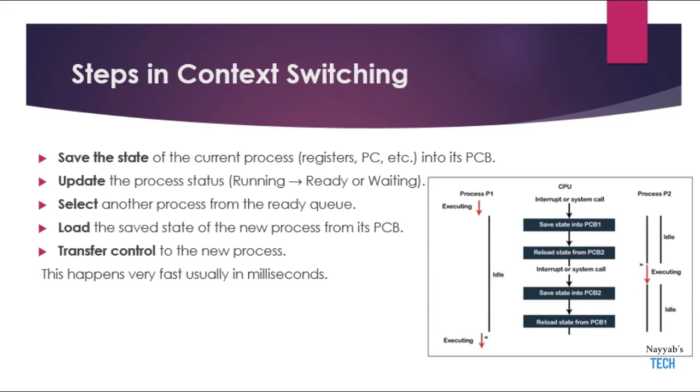What are the steps in context switching? First of all, it will save the state of the current process, meaning its registers and program counter, into its PCB.